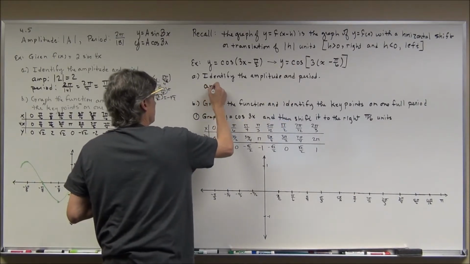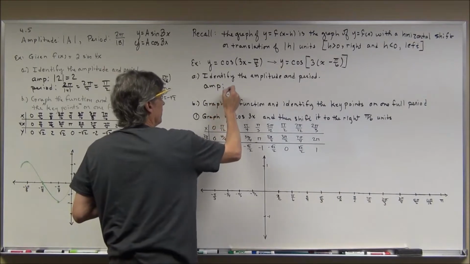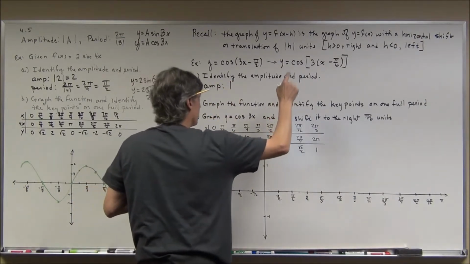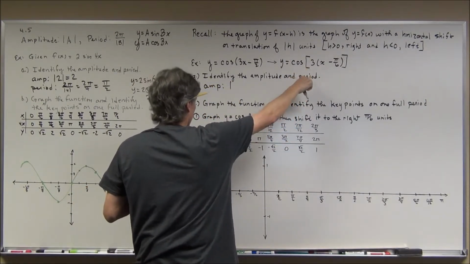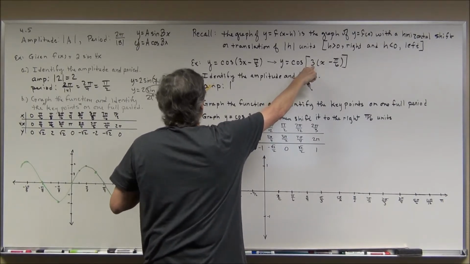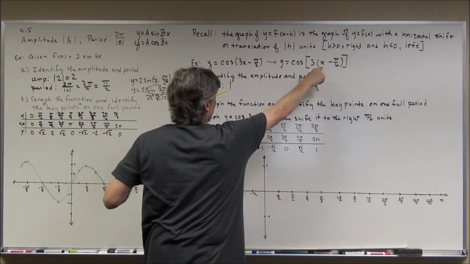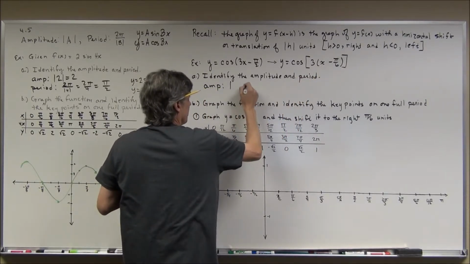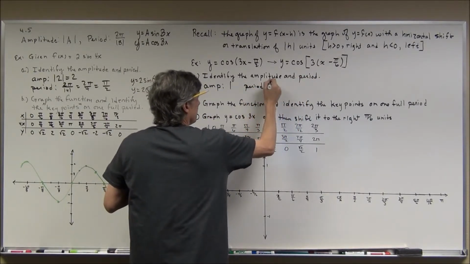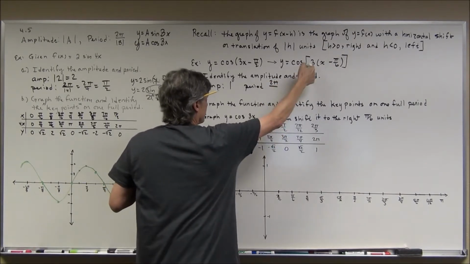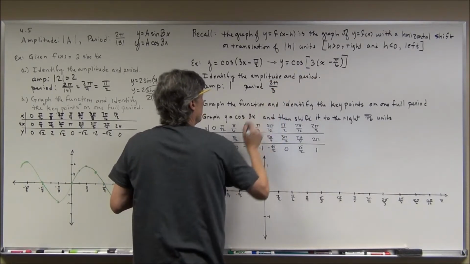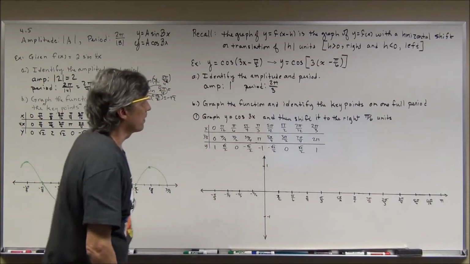So my amplitude, which I usually abbreviate just as AMP, is 1. But my period's been affected because of this value of B here, B that's times my independent variable. So my period here is going to be 2 pi divided by the absolute value of 3, which is 3, and my period is 2 pi over 3.